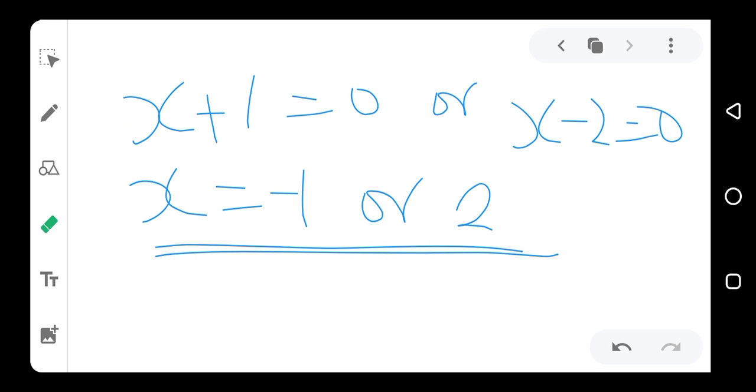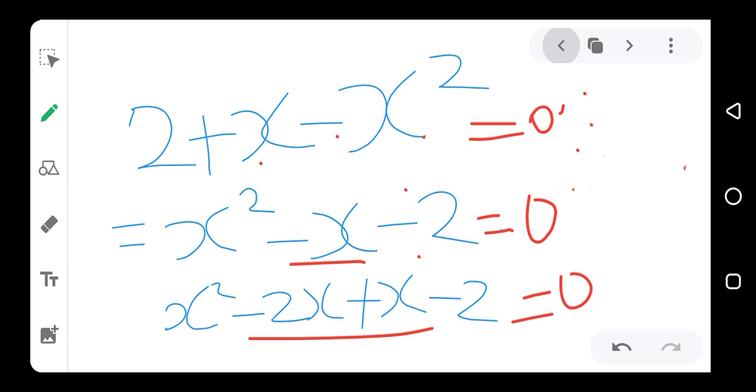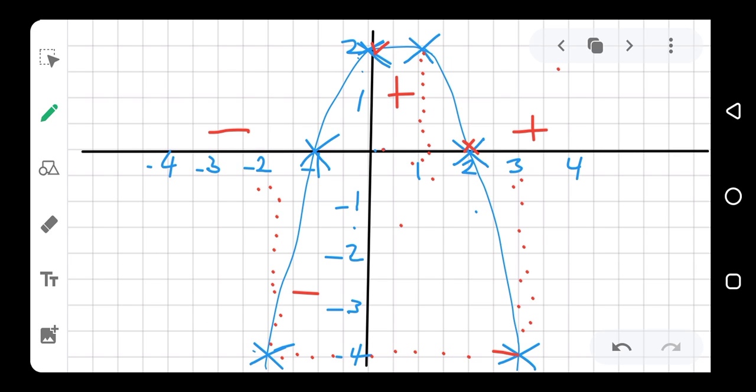Now if we solve that, x is equal to minus 1 or x is equal to plus 2. So that confirms what we have in the graph. x is equal to minus 1 or plus 2. So our graph is in order.